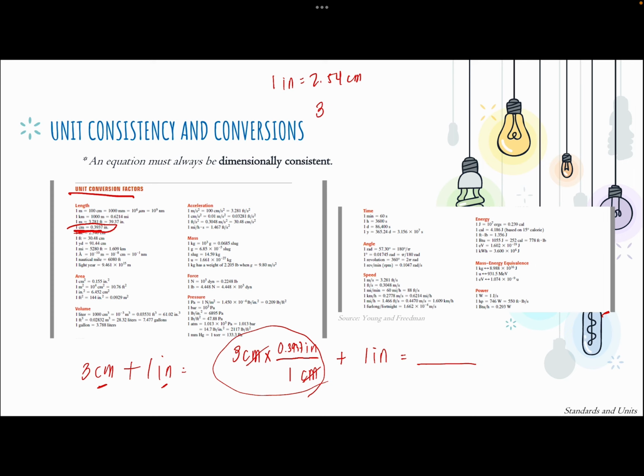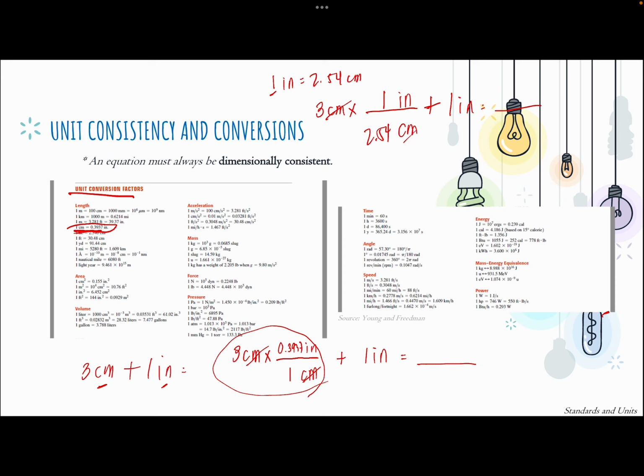Then, pwede lang 3 cm times, still cm sa baba, inch sa taas. Pero ang susulat mo ngayon sa tabi ng inch ay 1, then sa tabi naman ng cm ay 2.54. So, ganyan. Plus mo na yan ngayon ng 1 inch. So, parehas lang yung makukuha nyong sagot dyan.